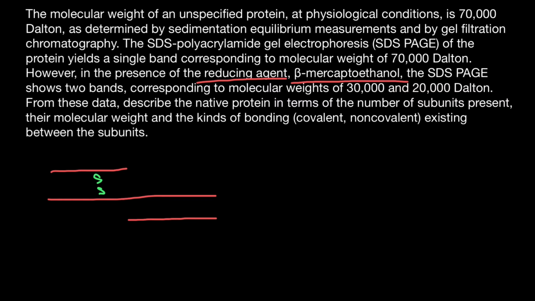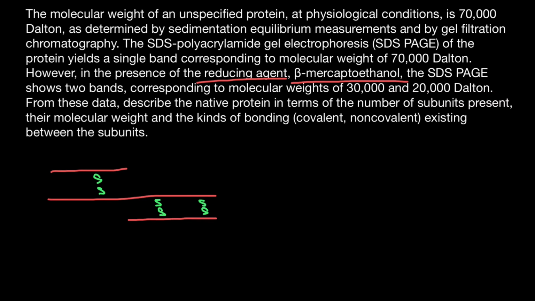So one disulfide bridge, here's another one, and we may have another one here. It doesn't matter how many disulfide bridges hold these 3 polypeptide chains, and we perceive this as a single protein. When we use the reducing agent beta-mercaptoethanol, all these bridges would be broken.